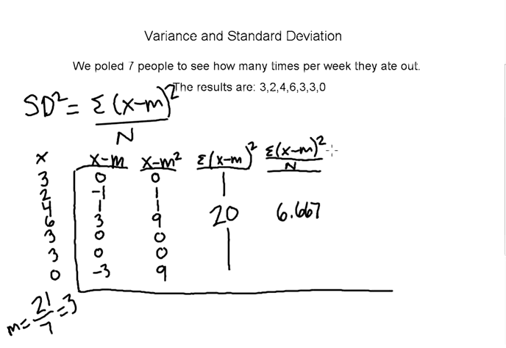Now, getting the standard deviation is one step, and it's pretty easy. Standard deviation is really equal to the square root of the variance. So if we have the symbol for variance, SD squared, like we found it over here, all we need to do is take the square root of that to get standard deviation.